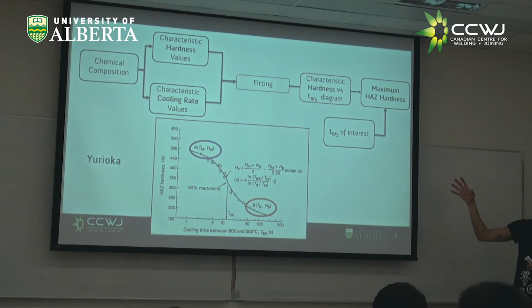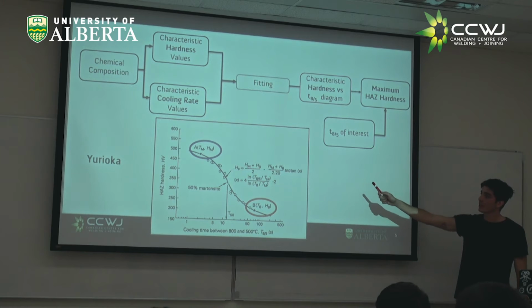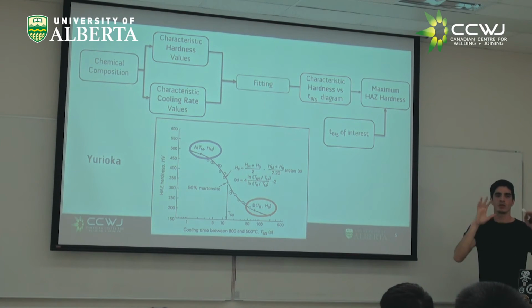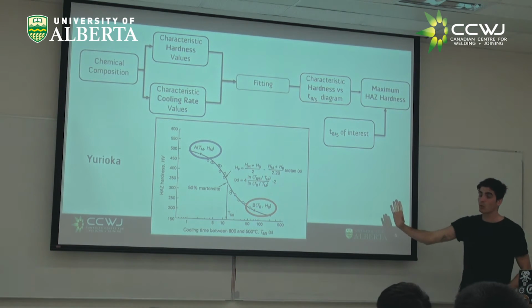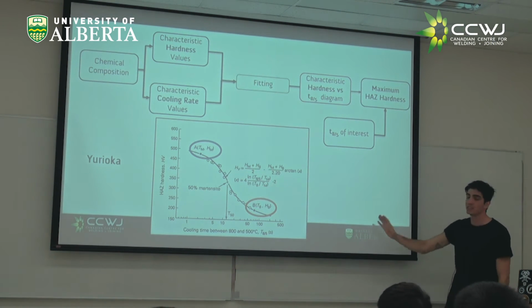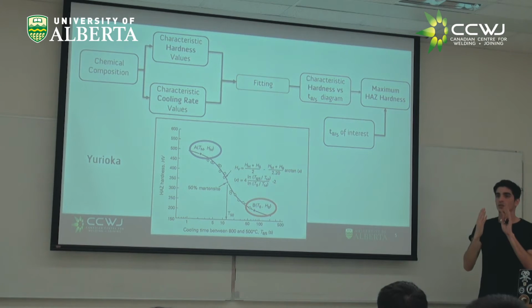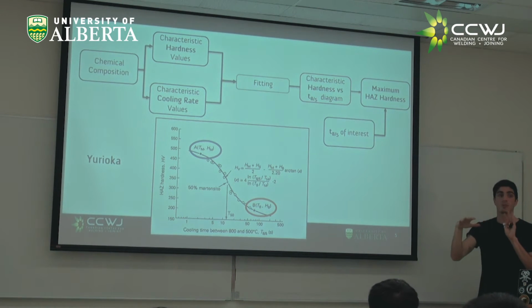With the chemical composition, you have characteristic hardness values and characteristic cooling values. That means that with the chemical composition, you're going to get points A and B. Point A is the point where you have all martensite, right? It's the time, the cooling rate, or TA5, whatever you want to call it, for the maximum cooling time that you can have to get all martensite in your microstructure.